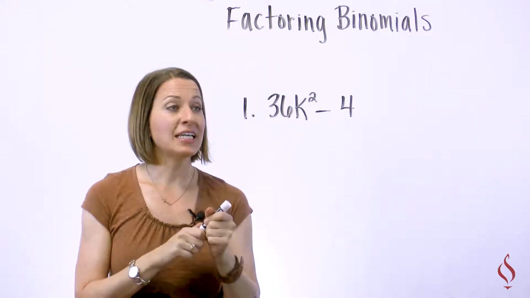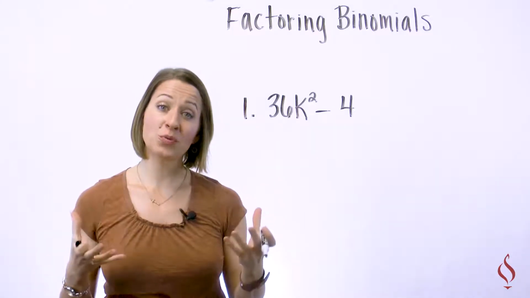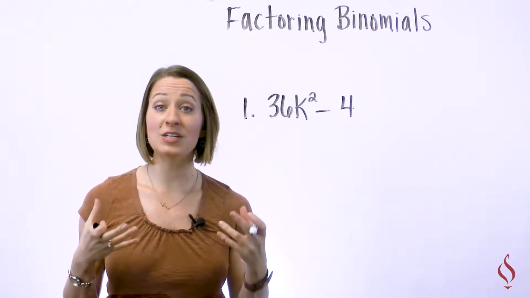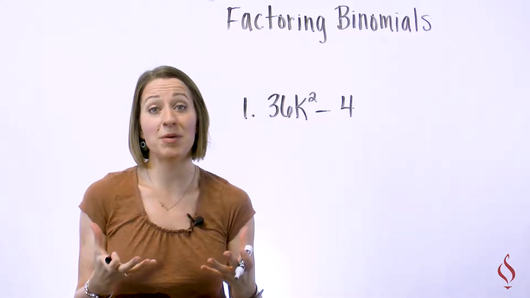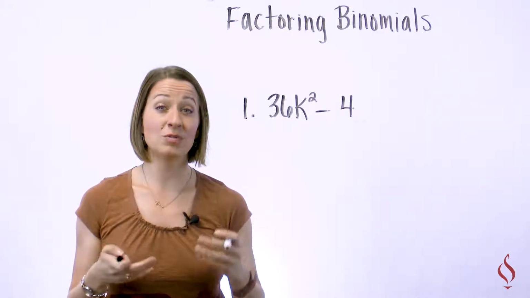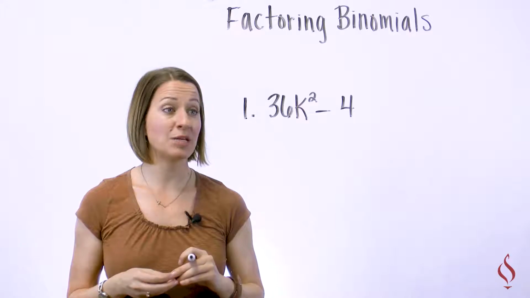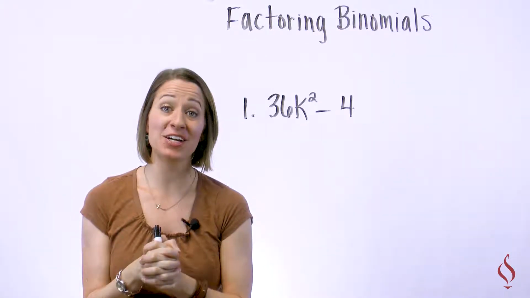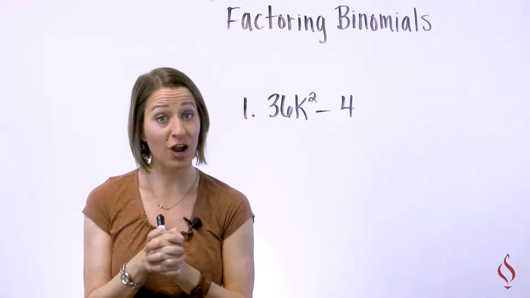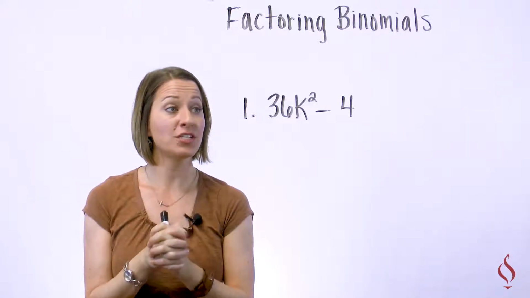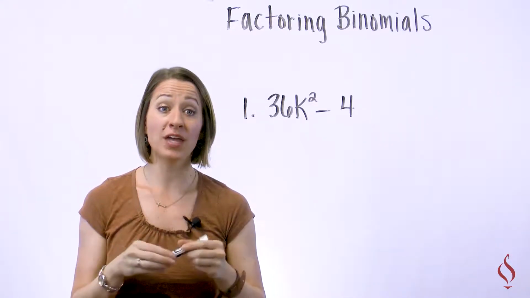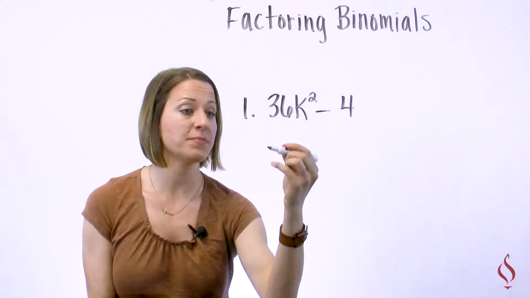Once you identify that you're working with a difference of squares, it's pretty easy to come up with the answer. Let me show you how with this first example. Before we get started, first look for a common term. 36 and 4 both have the factor 4 in common.